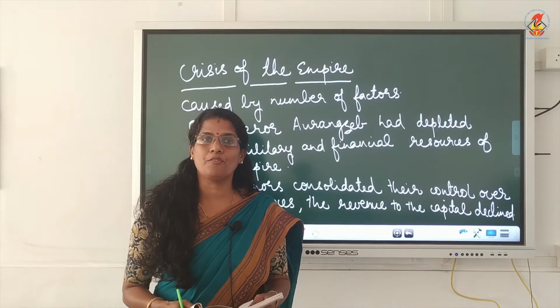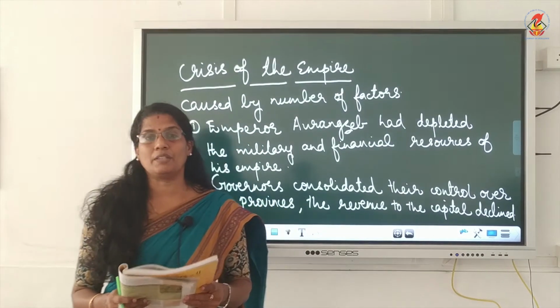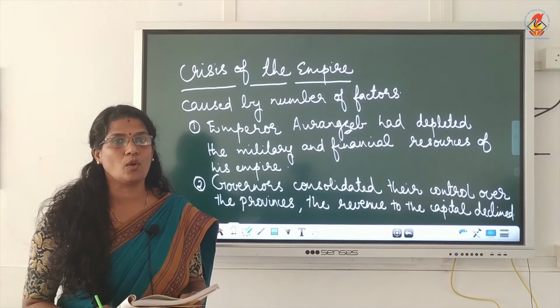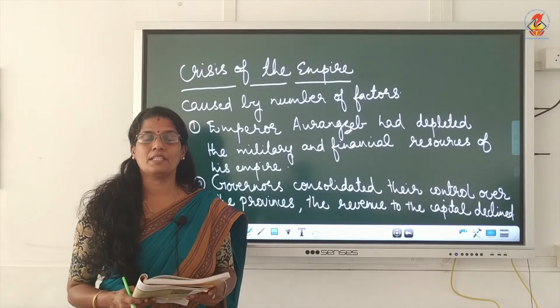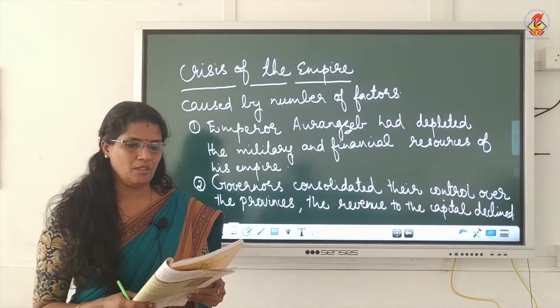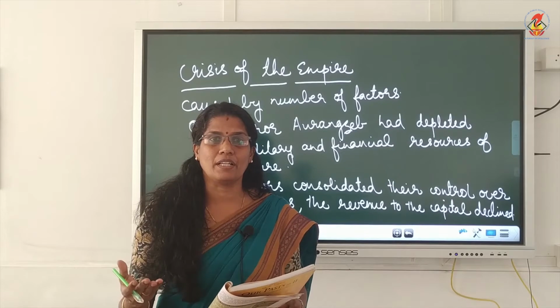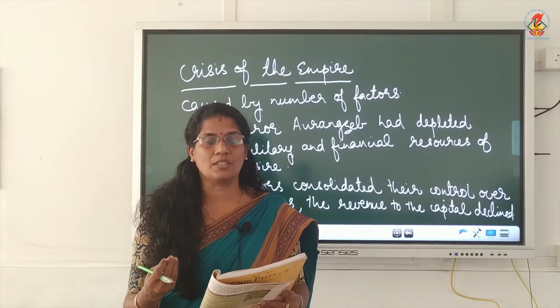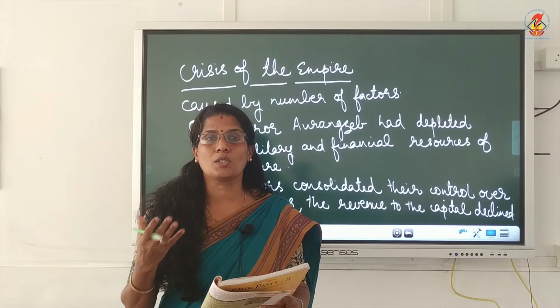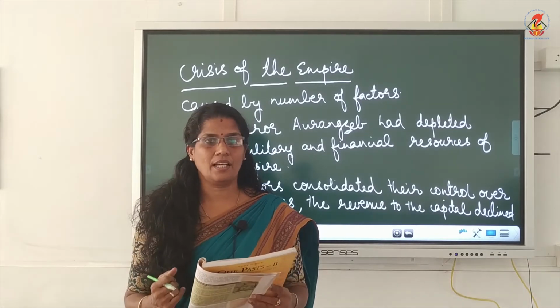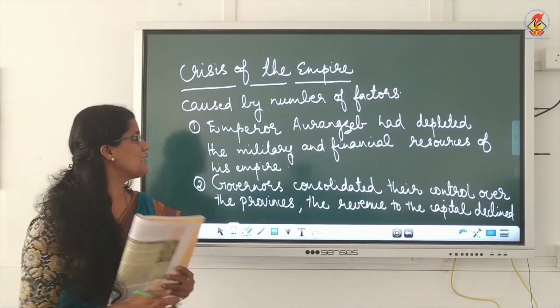The offices of revenue and military administration were under the control of nobles or mansabdars. These governors were not ready to give the revenues they collected to the capital. So the financial resources of the empire started declining. So that was the first reason.